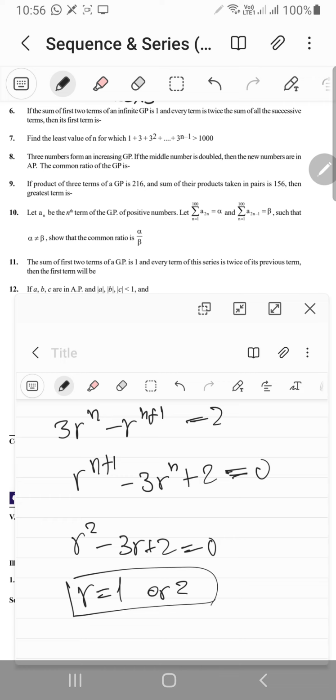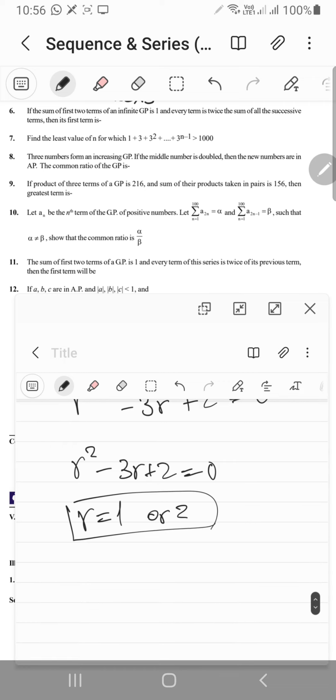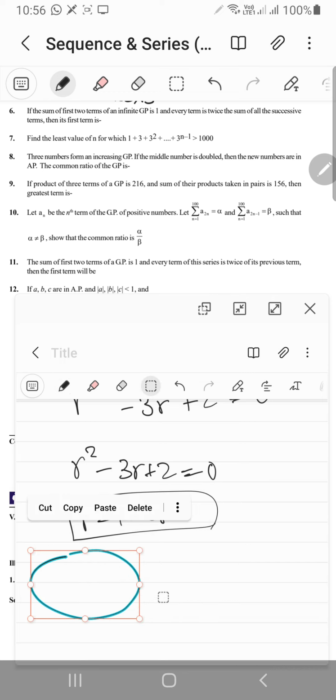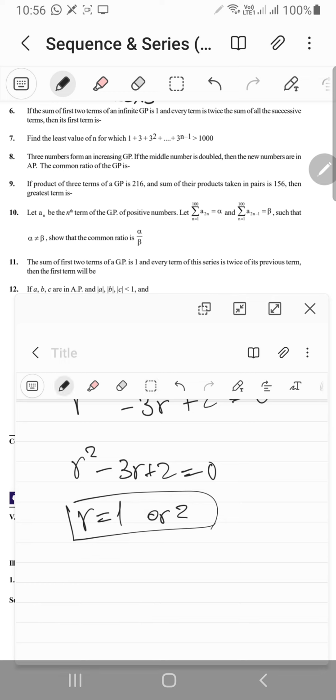Oh, that was nice. If r is 1, this doesn't make sense. If r was 1, then a would be 1 by 2, and this would be 1 by 2, 1 by 2, 1 by 2. You can clearly see that this is not the sum of these two. So this is not correct. Other case would be if r was 2.